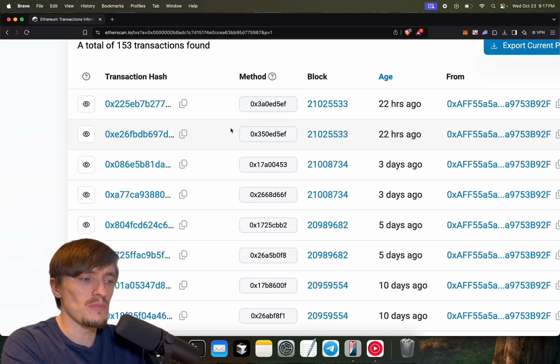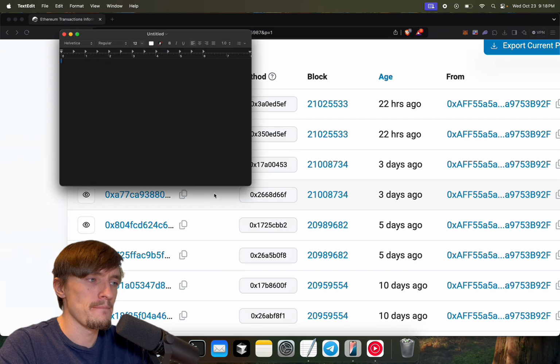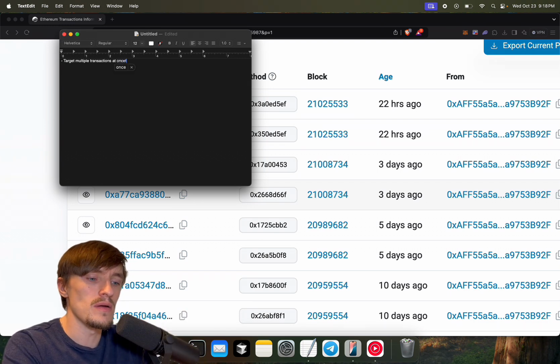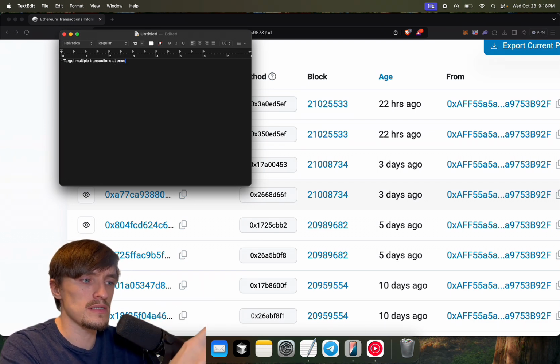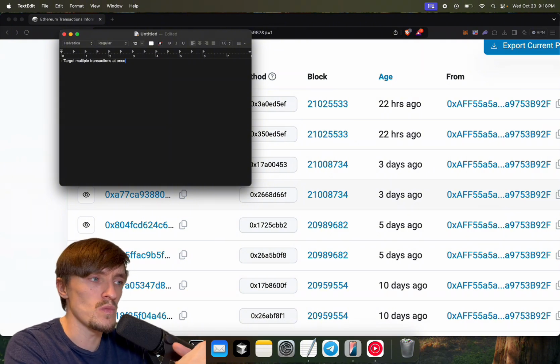The most advanced bots, they do the following. They target multiple transactions at once, meaning the bot will look at the mempool, and once it will collect multiple sandwiches and put them together into one transaction, into one bundle.